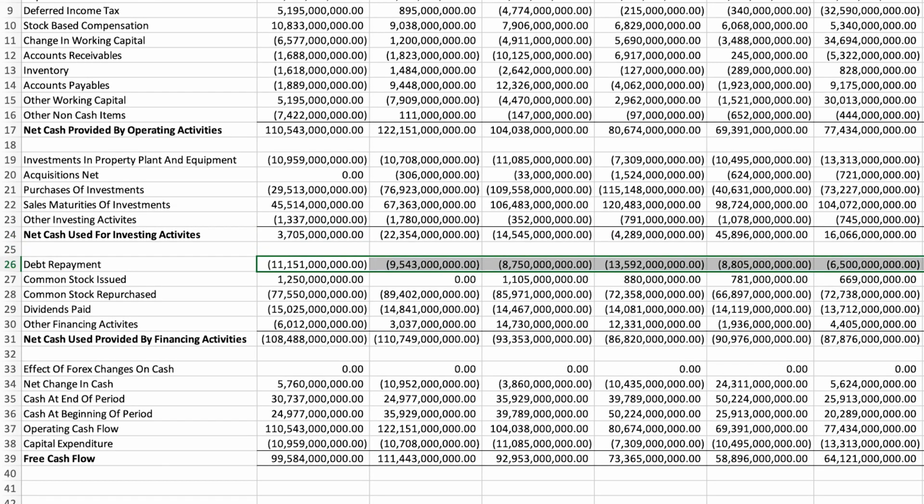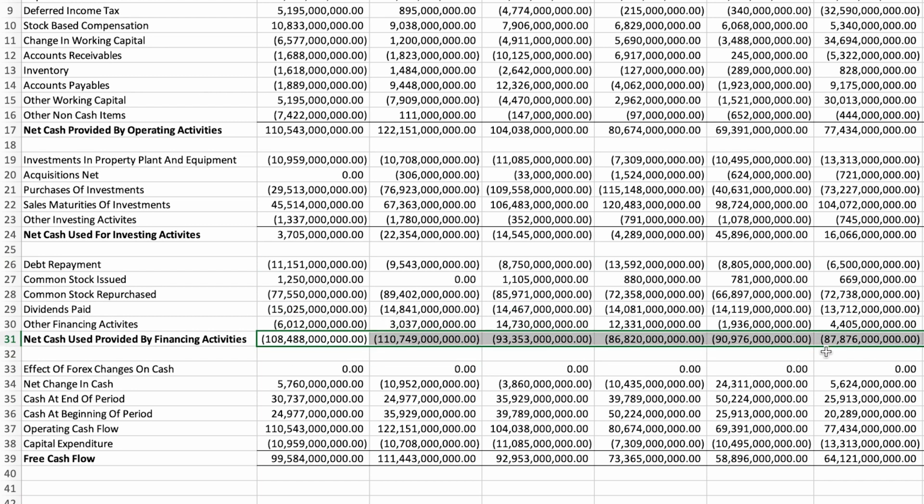What you see typically from very stable companies is they have this pattern right here. They have a lot of cash, so they're like, you know what, let's just pay that debt off. So you see those negative cash flows.